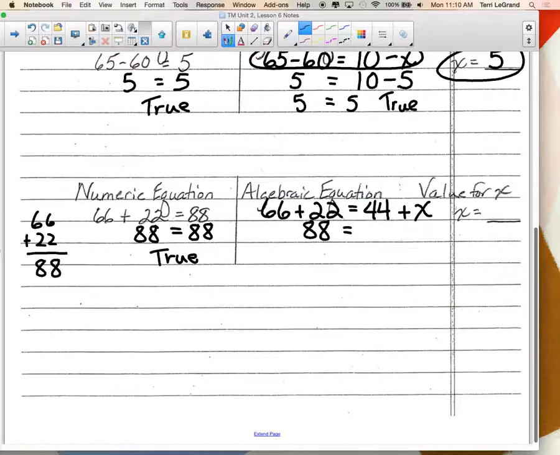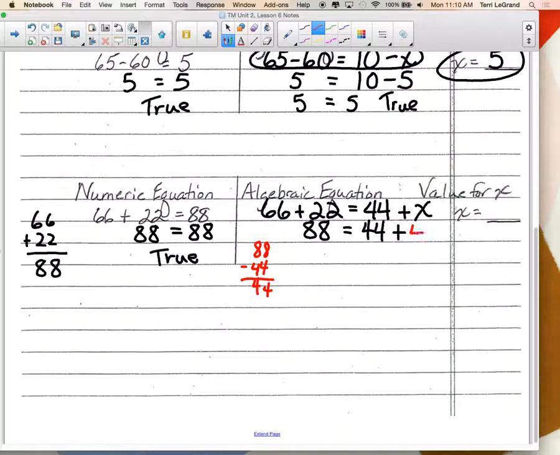Okay, so now I'm going to say what plus 44 is 88? Or in other words, what could we do to get that even? If we don't know it, what could we do? Kira? 88 minus 44. Yeah, we could come over here and say, what's 88 take away 44? What is it? 44.